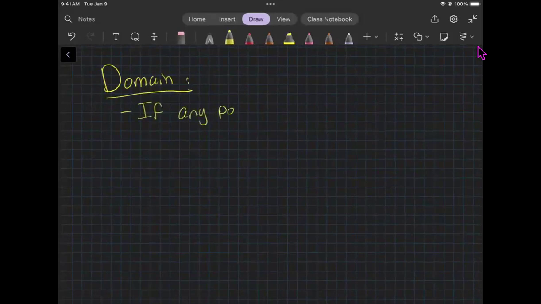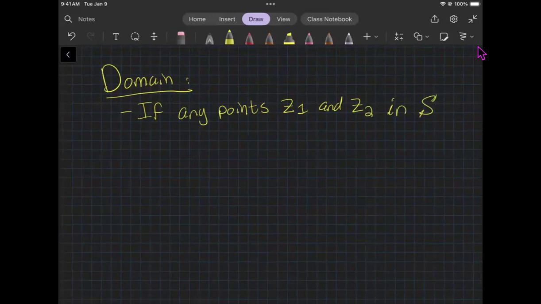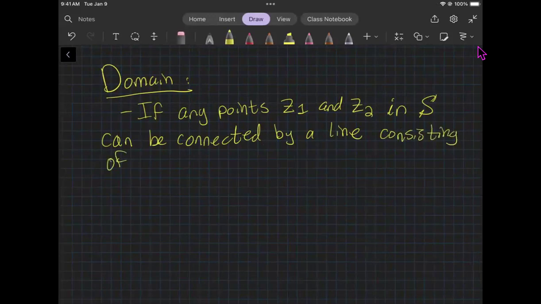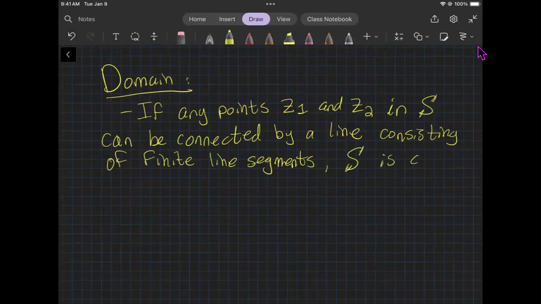So if any points Z1 and Z2 in a set S can be connected by a line consisting of finite line segments, then S is called a connected set. Okay.